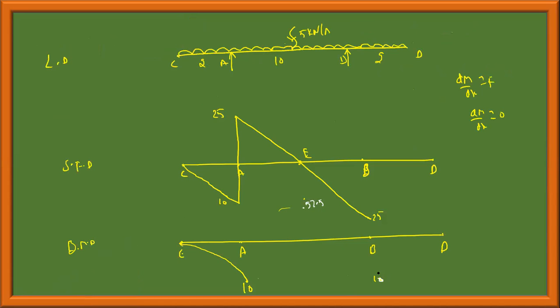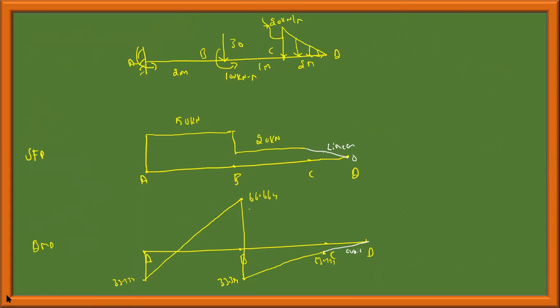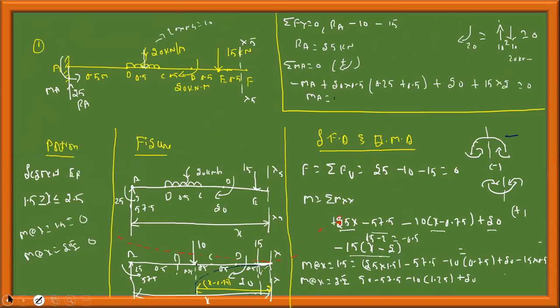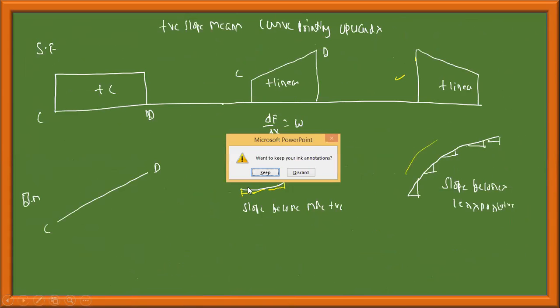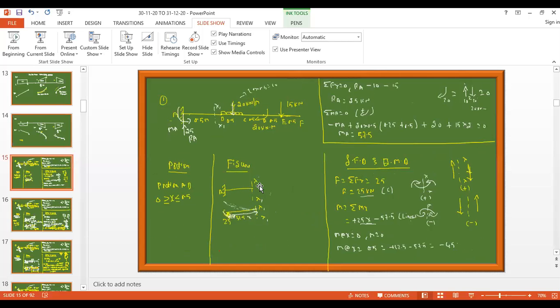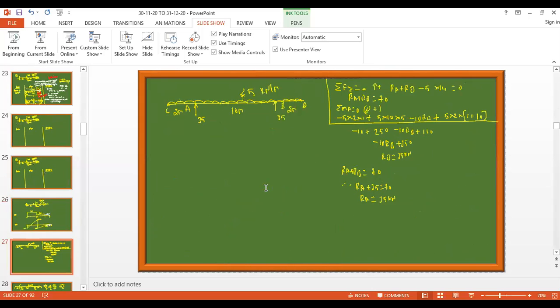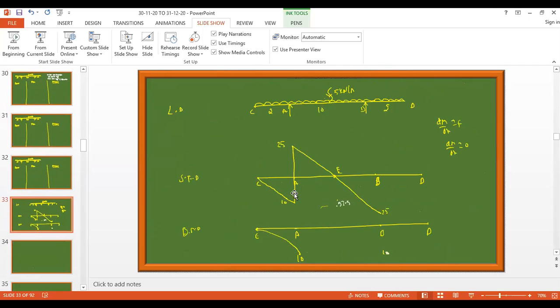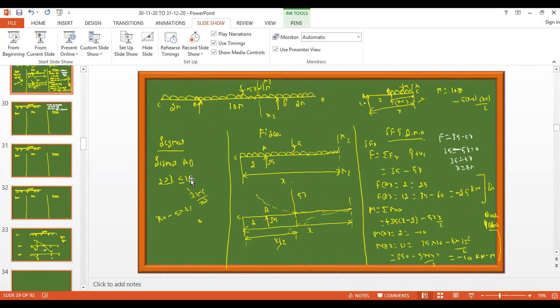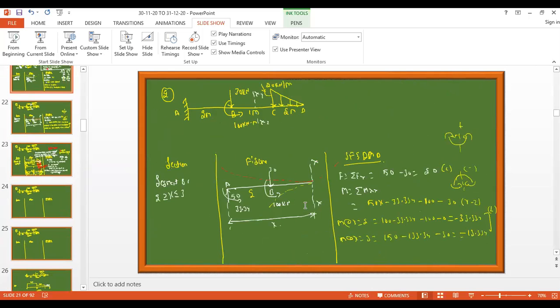Therefore, I got one more point. The variation curve we should look at. The shear force is like this. I'll take back to that slide. Shear force on the left hand side, upwards, is positive shear force.